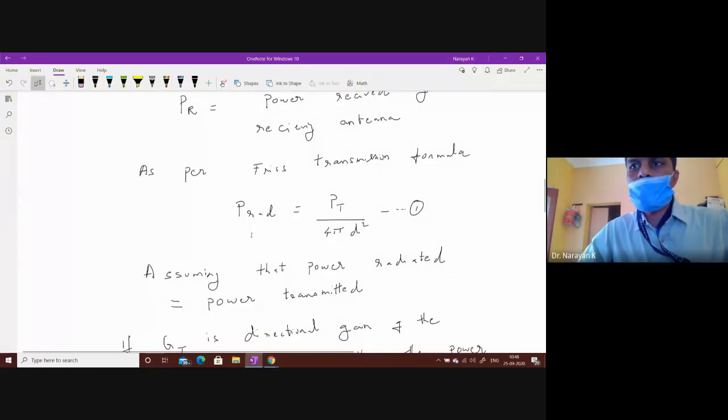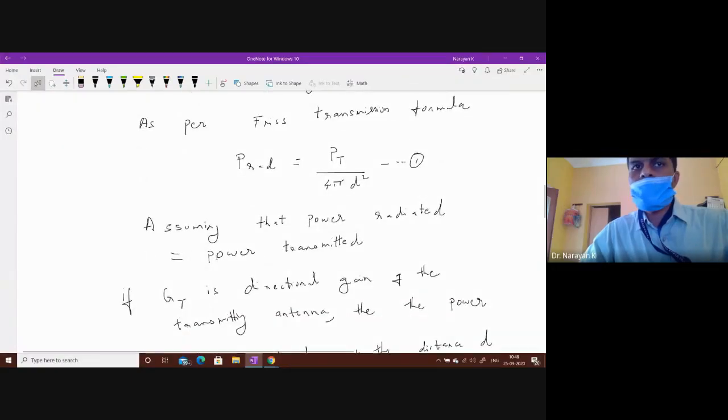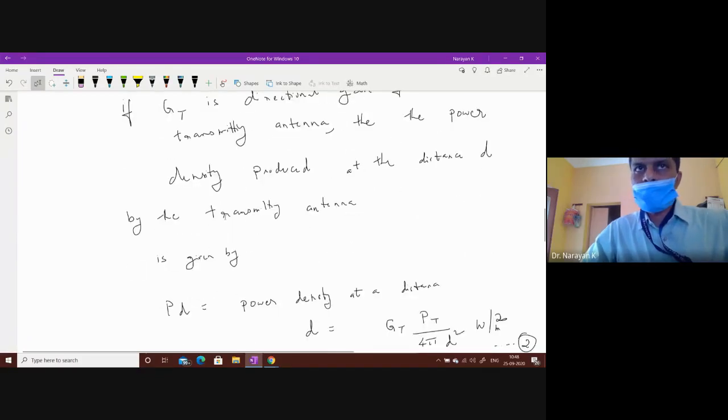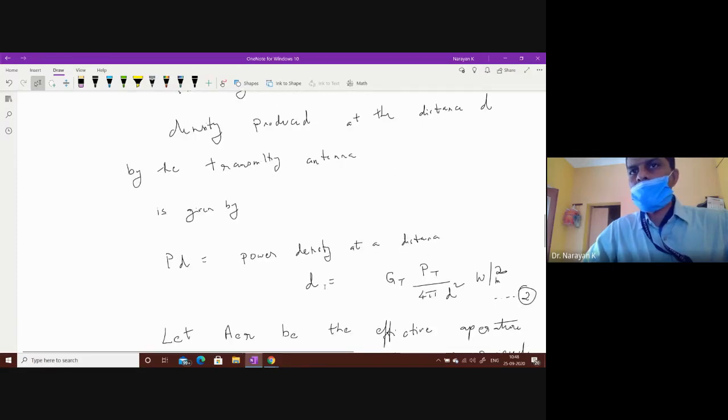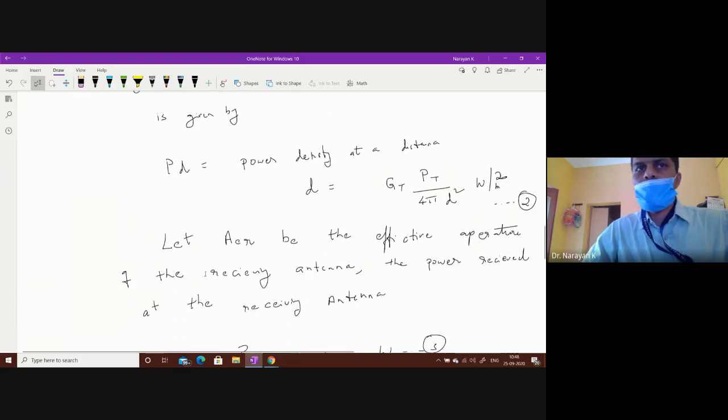Assuming power radiated is equal to power transmitted, and if GT is the directional gain of the transmitting antenna, then the power density at the distance d is equal to gain of the transmitting antenna into power transmitted divided by 4 pi d square, in watts per meter square.